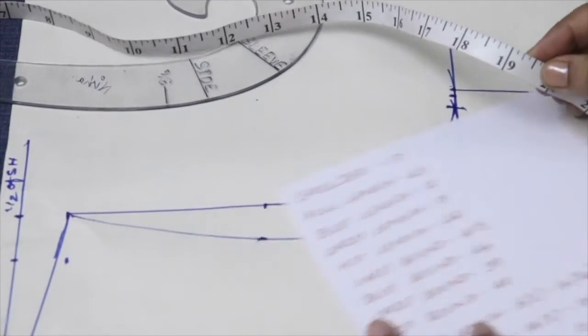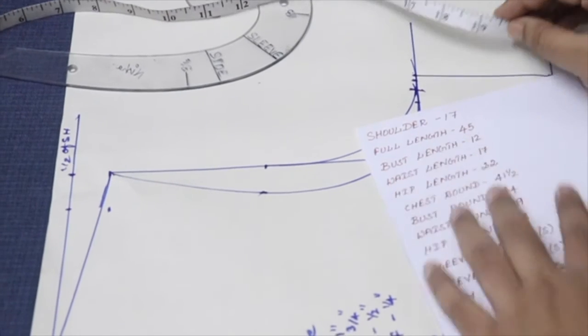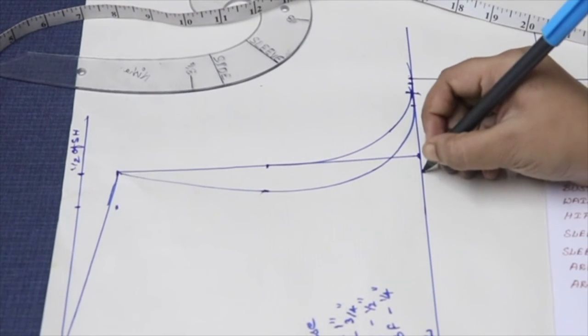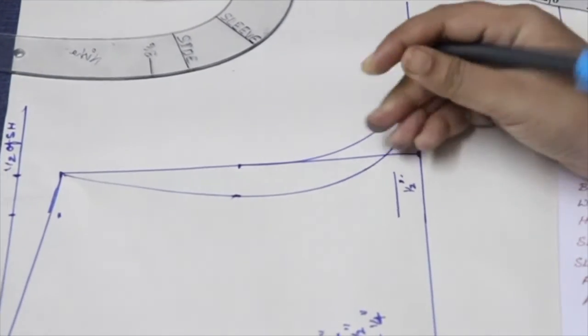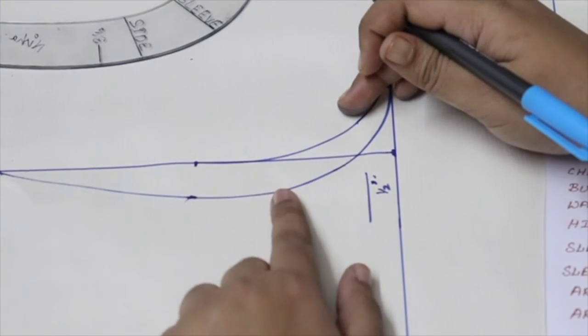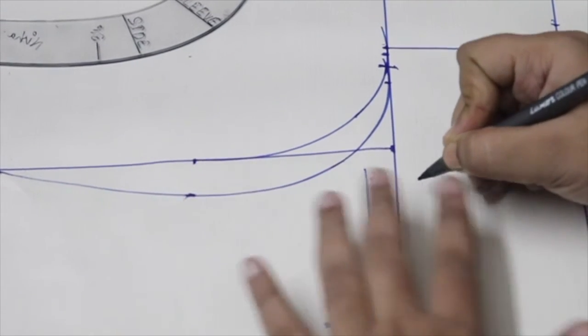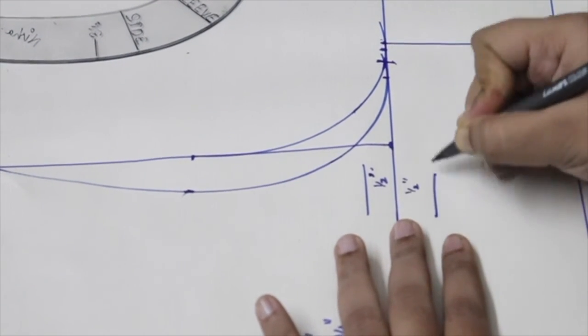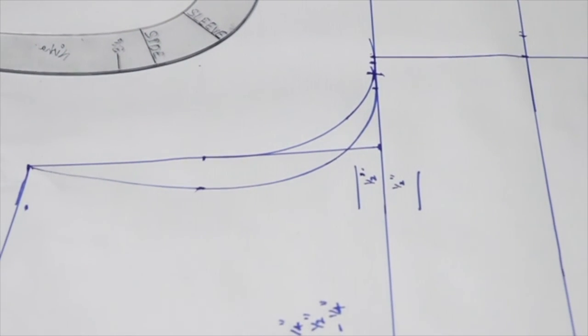If you are getting more than the measurement what you need, you have to shift the line upward. Like this chest round should be shifted 1/2 inch upward. So if you are getting less than the measurement what you require, you have to shift the line downwards 1/2 inch. In my upcoming video, I'll explain you this in detail.